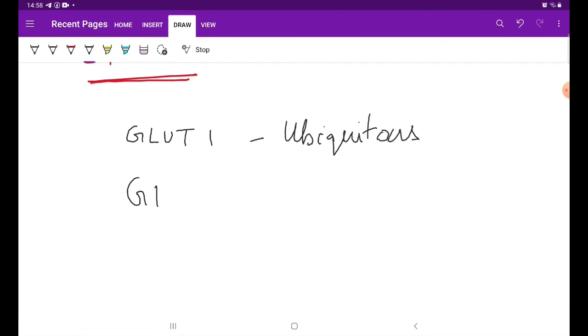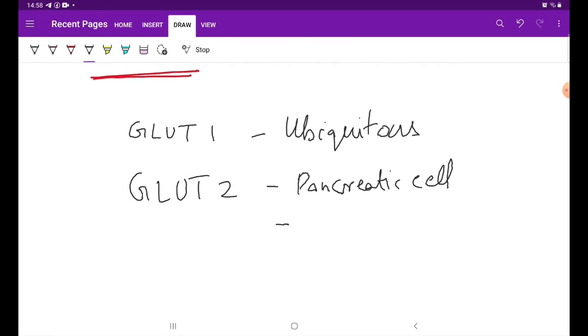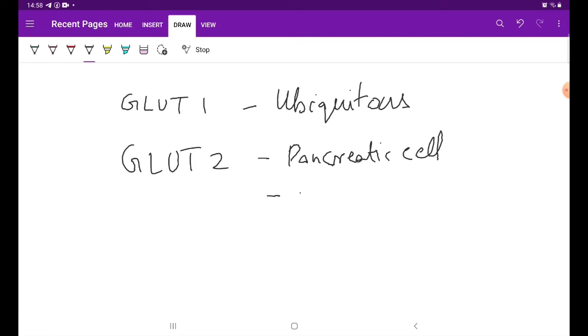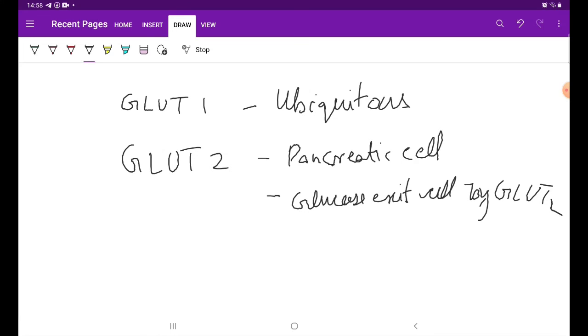Then GLUT2, pancreatic cell, and the glucose exits the cell by GLUT2.